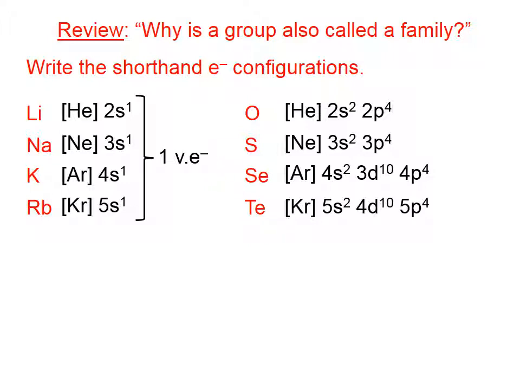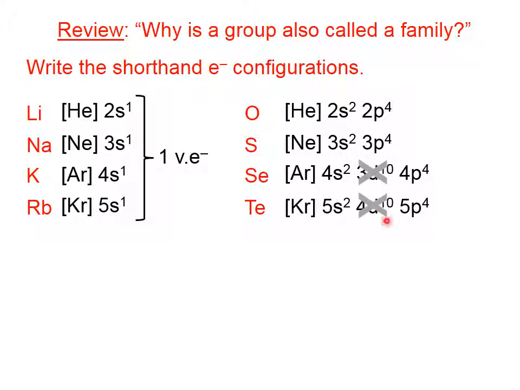Now recall that we count valence electrons as the s and p electrons in the outer shell. Therefore, in selenium, these 10 3d electrons are not considered to be valence electrons.